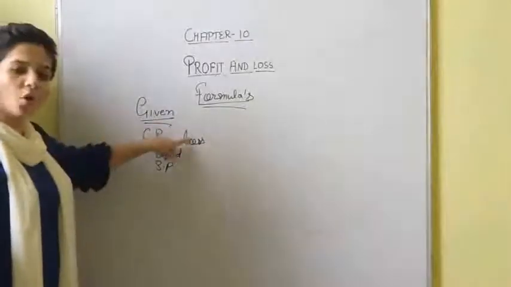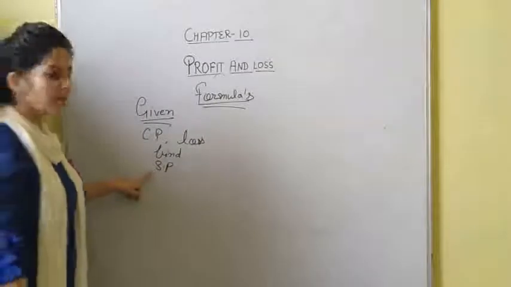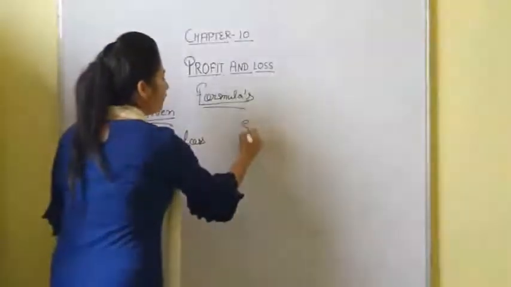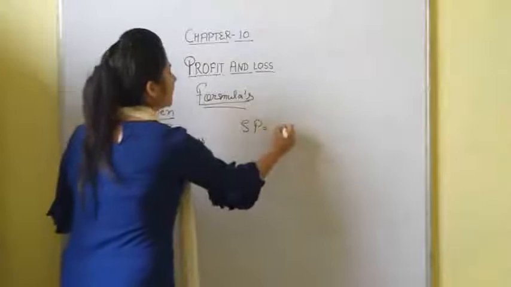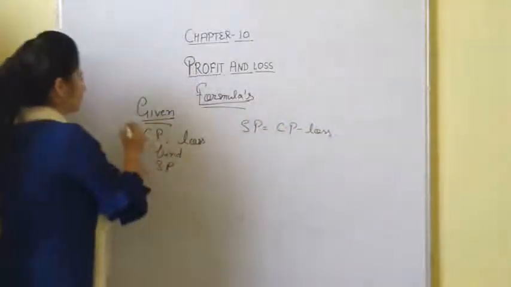Cost price and loss given हो, and we have to find out SP. The formula of finding the SP is CP minus loss.